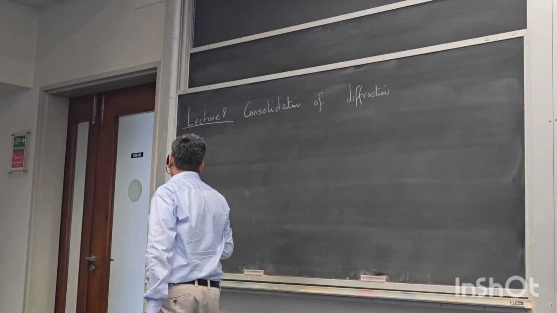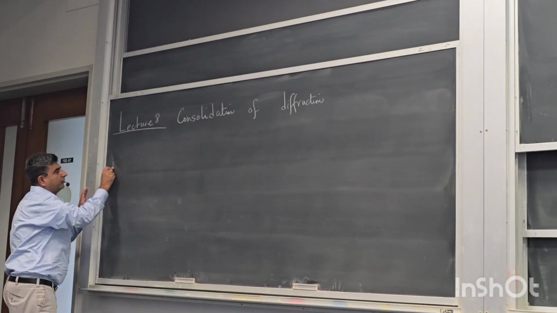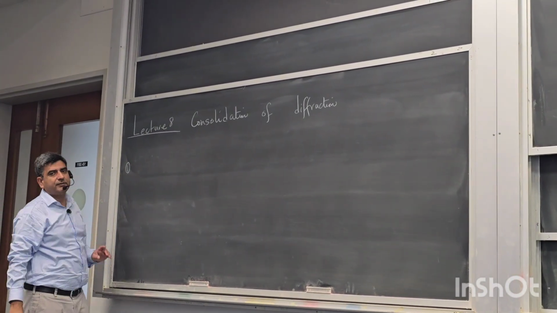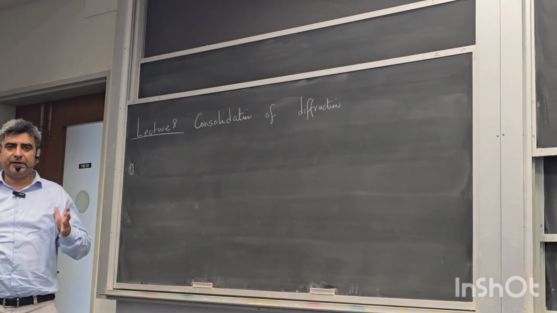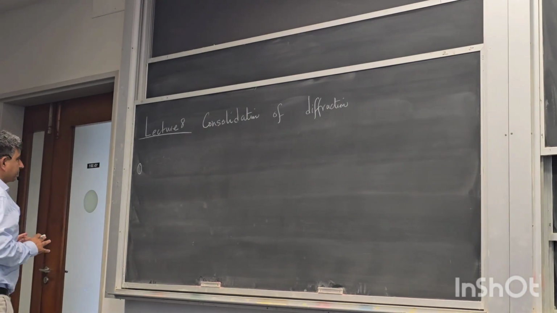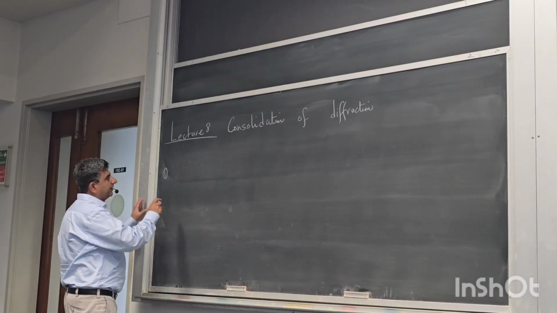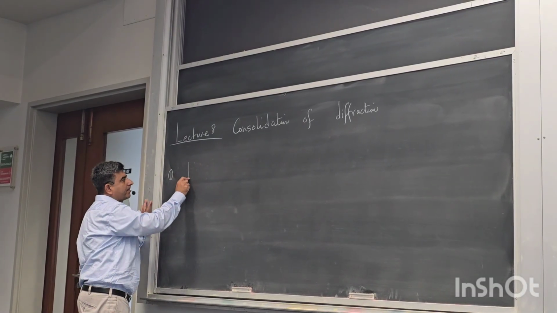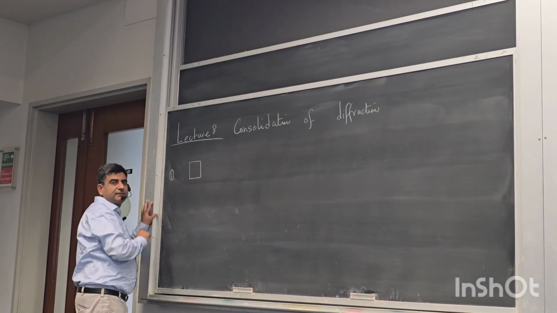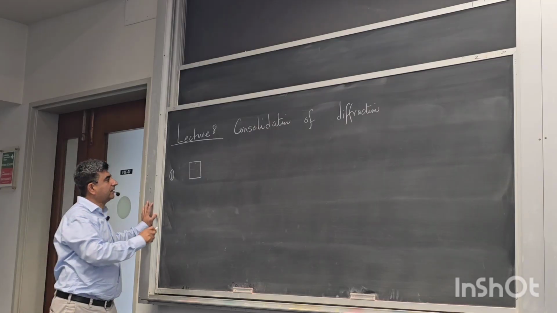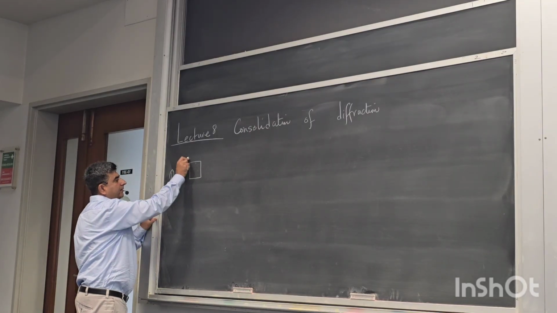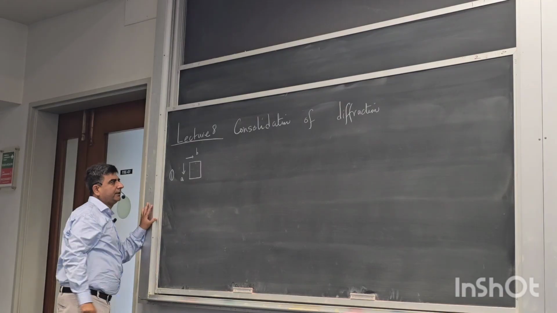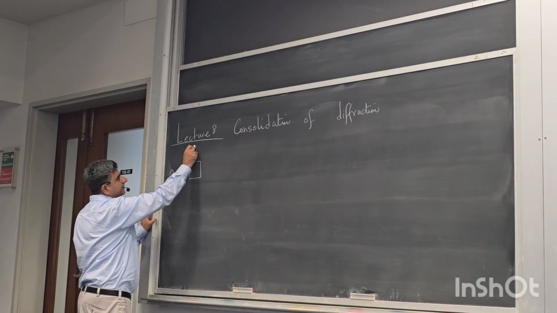All right, the first point I would like to quickly recap is the Ewald construction. So things are really neat in the Ewald construction. First of all, you define a direct lattice, some direct lattice, from where you have A and B translation vectors.